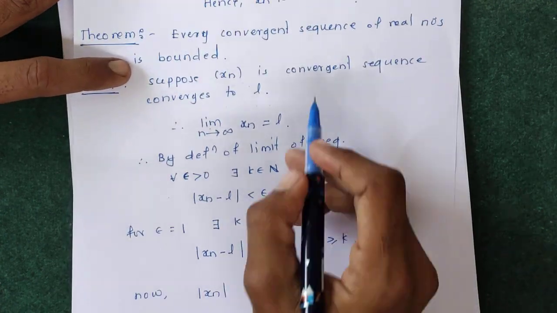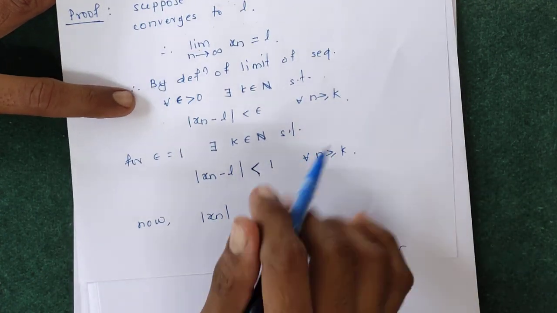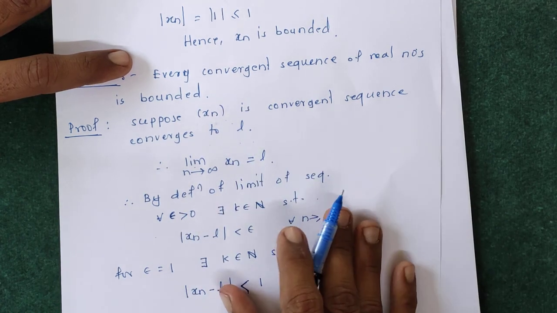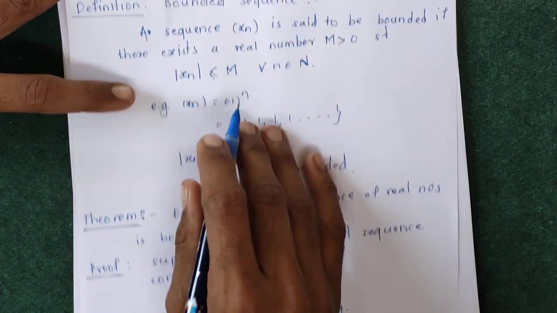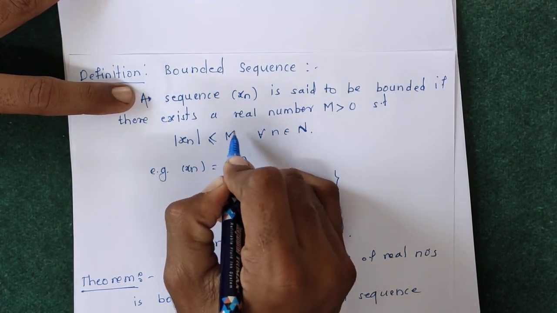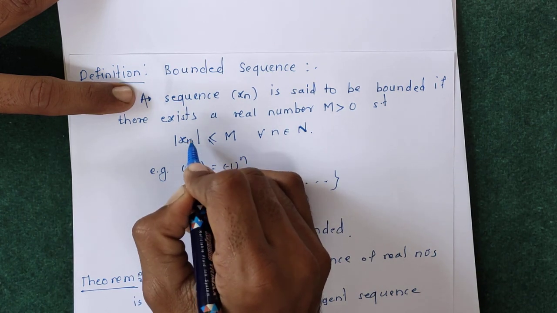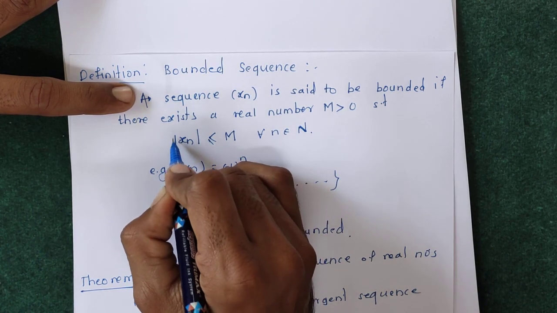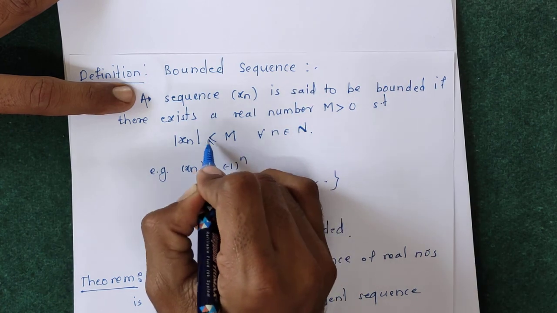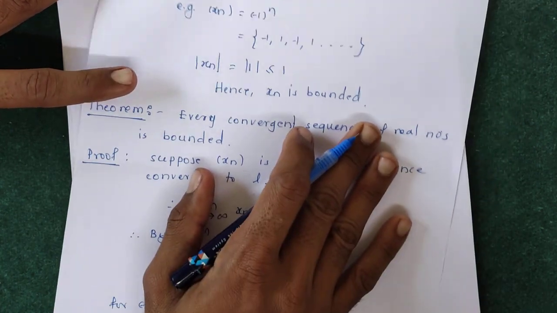Now we have to prove that this sequence is bounded. To prove any sequence is bounded, we have to prove that mod of xn is less than or equal to m for all n belonging to the natural numbers. If we take the modulus of every element of that sequence, then that modulus must be less than or equal to some m.